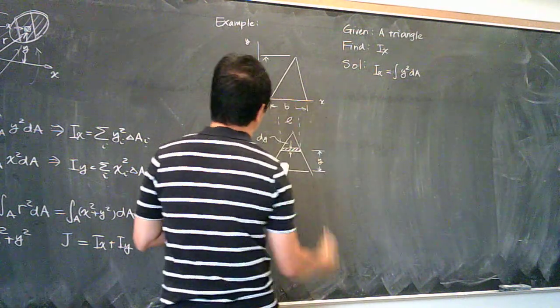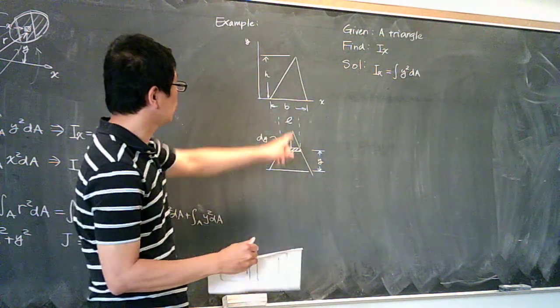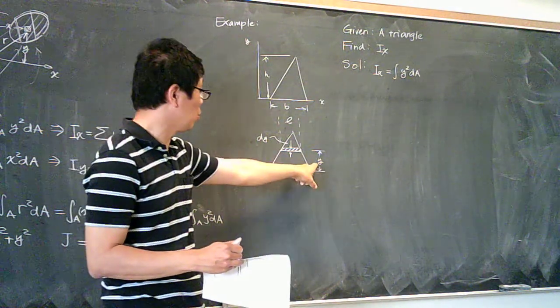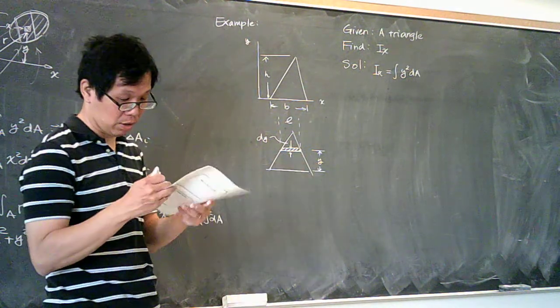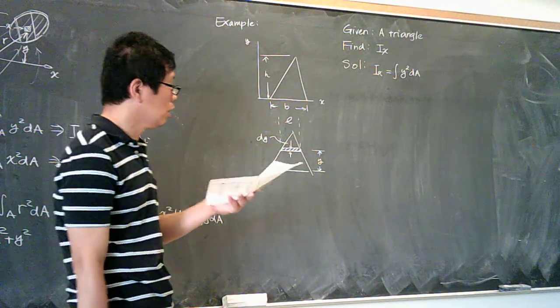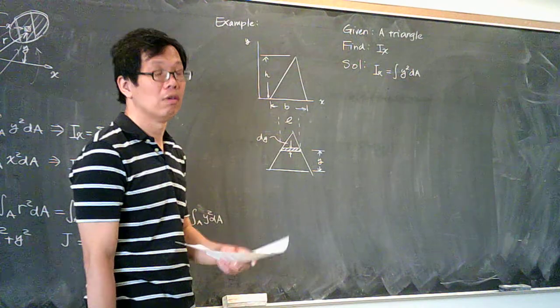If we can find the length over here, then we should be able to use dL multiplied by dy and get its area. Since y is something we can know, it's something we can obtain. So how can we find L?